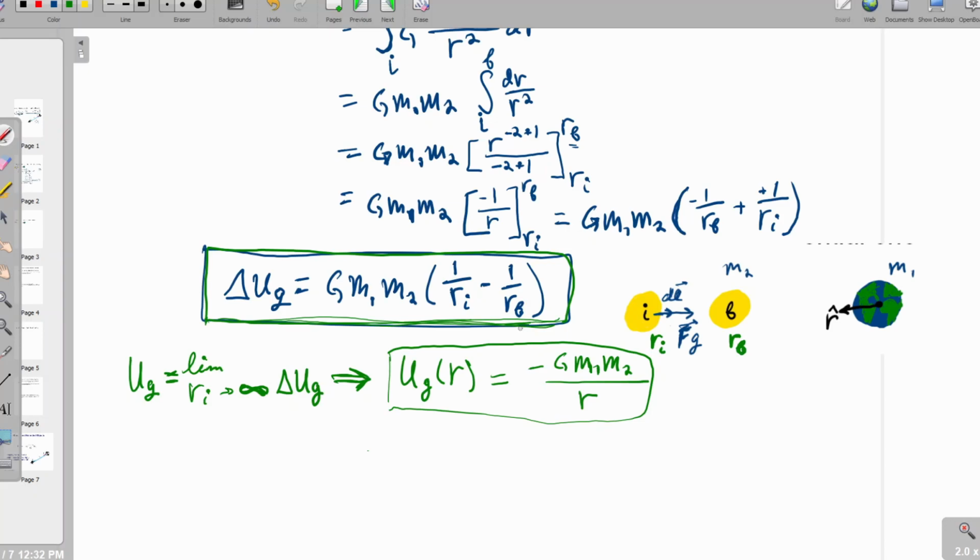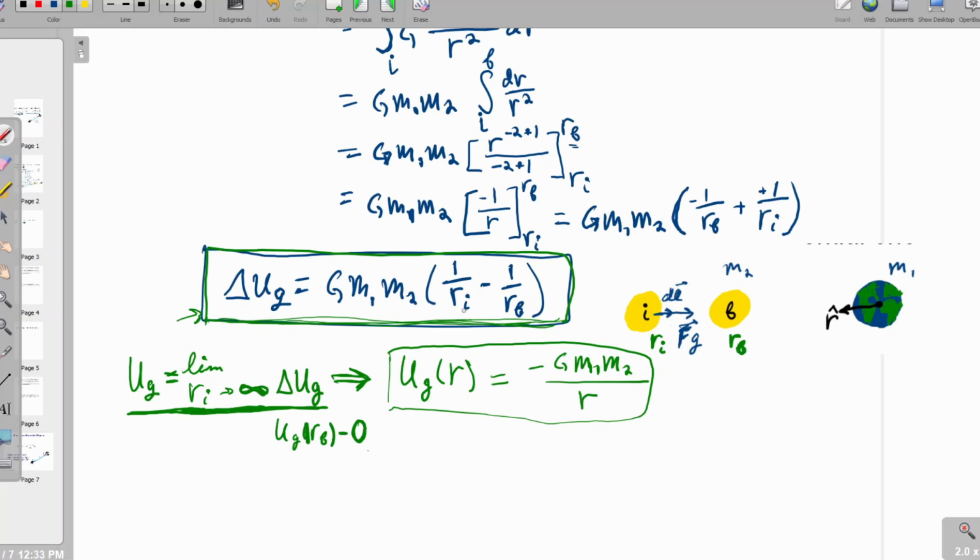Normally, you won't actually see it written in this form. Instead, the standard reference point to use is to take UG to be 0 at an infinite distance away. So usually you take the limit as r initial goes to infinity of this change in UG, which would be UG at r final minus 0, the reference gravitational potential energy, right?